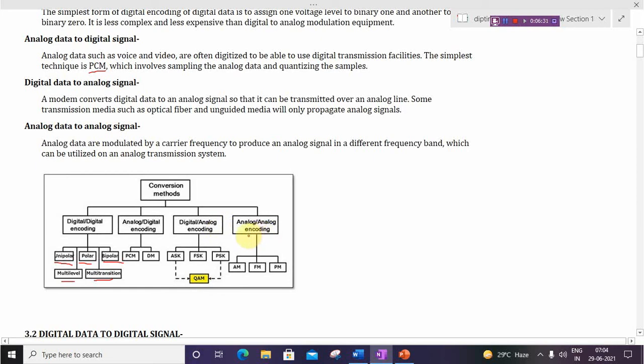Then analog data to analog signals. In this encoding, we use amplitude modulation, frequency modulation, and phase modulation. So these are the different encoding techniques by which we can convert analog and digital data to analog and digital signals. And we will discuss it one by one.